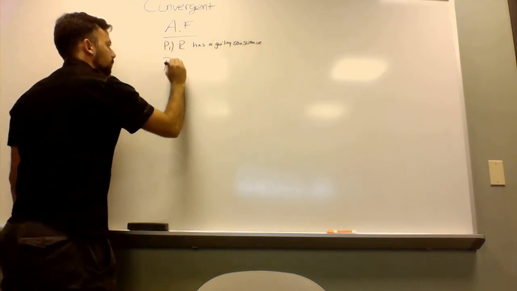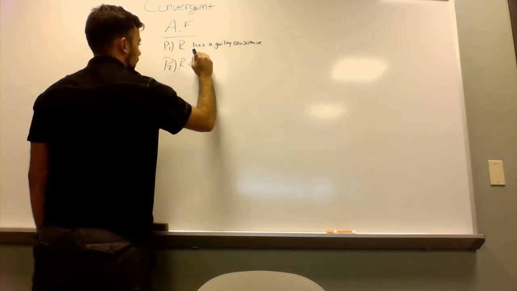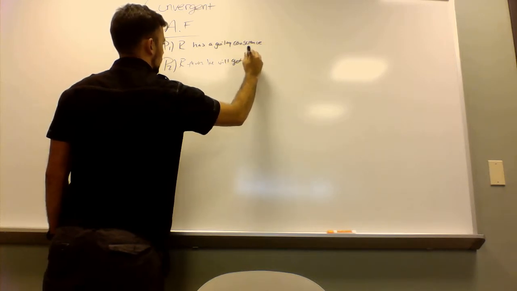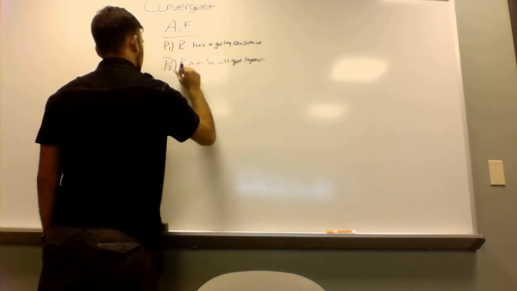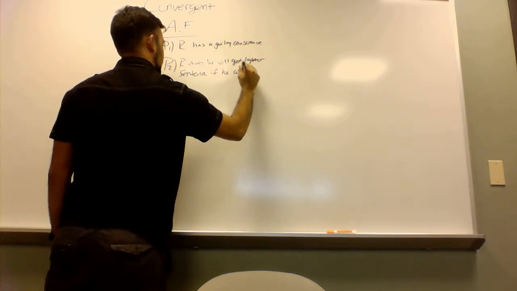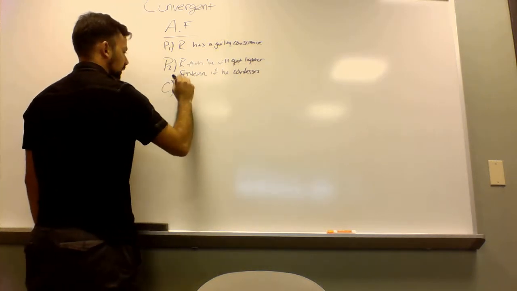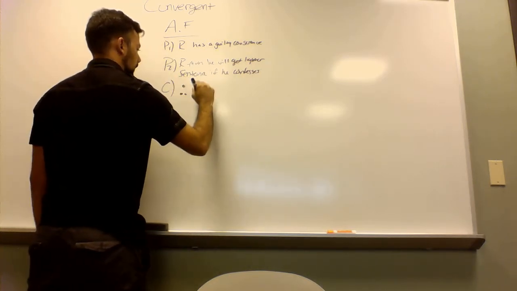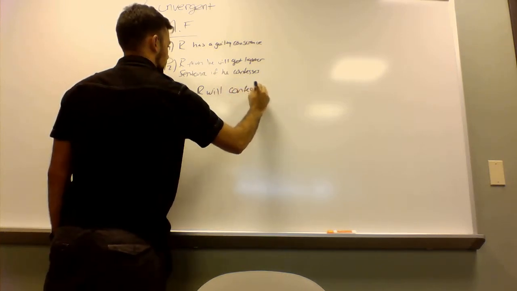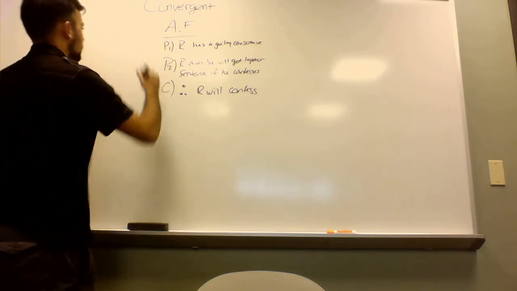What we said the other premise was that R, he'll get a lighter sentence if he confesses. Conclusion, therefore, R will confess, right? Okay, so that's how the argument is played out with premises and conclusions.